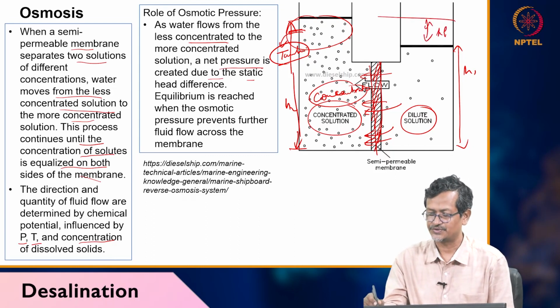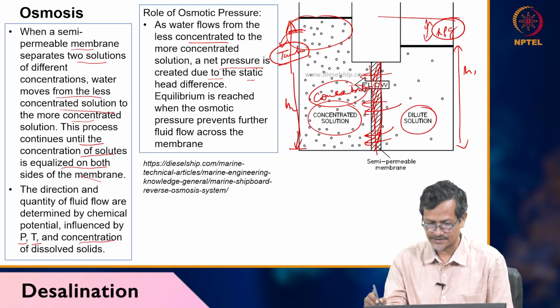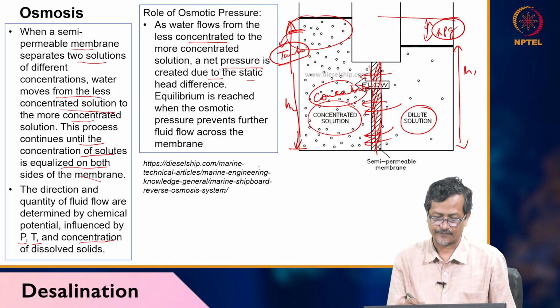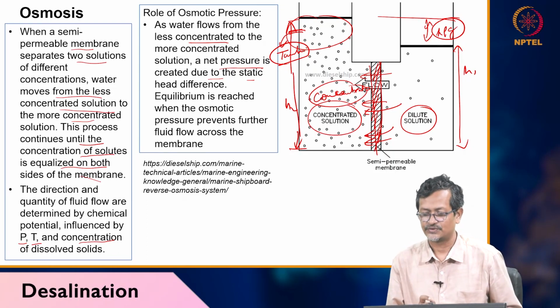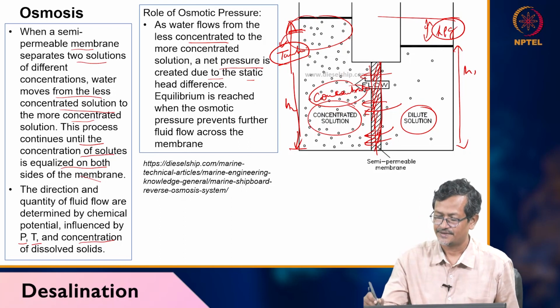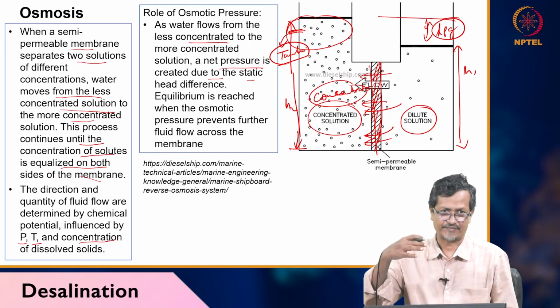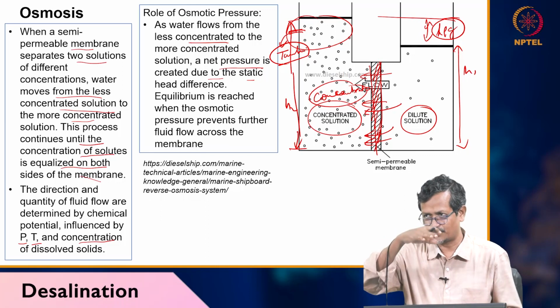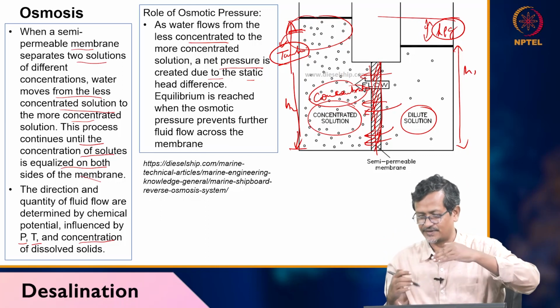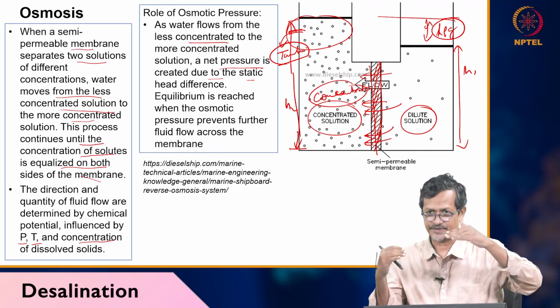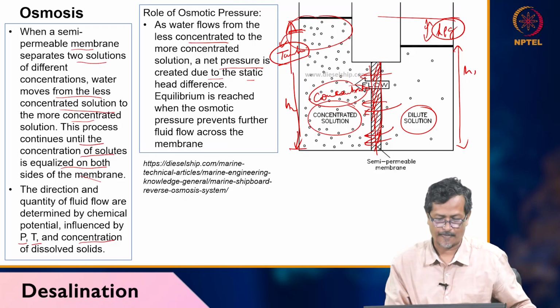H rho g, you can calculate how much pressure is created. Equilibrium is reached when the osmotic pressure prevents further fluid flow across. So this H rho g will be increasing, and after a certain time that pressure will be forcing back. That's why there will be some equilibrium in between.